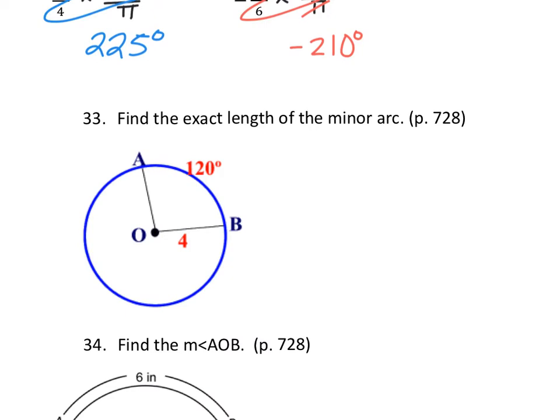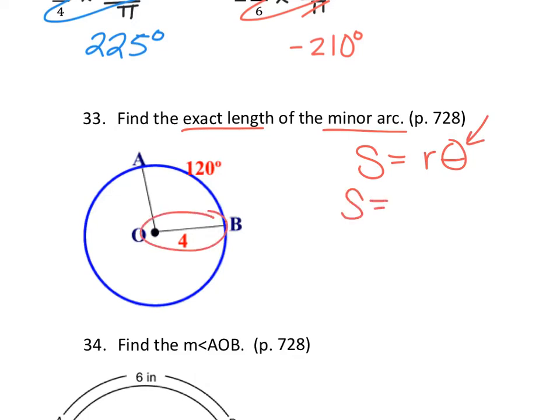Number 33, find the exact length of the minor arc. So arc length is going to be radius times radians. So arc length is S equals r theta. Theta has to be in radians. So this arc length is going to be the radius, which is 4, times 120 degrees in radians.